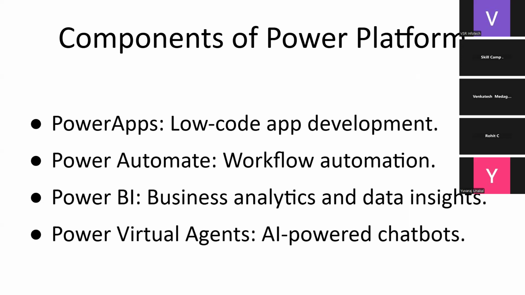Power Automate is basically a workflow automation tool, which means let's say you have developed an app and now you want to send a login OTP, or you want to send some messages to some particular person. There you will have to automate this feature, and Power Automate is your savior.